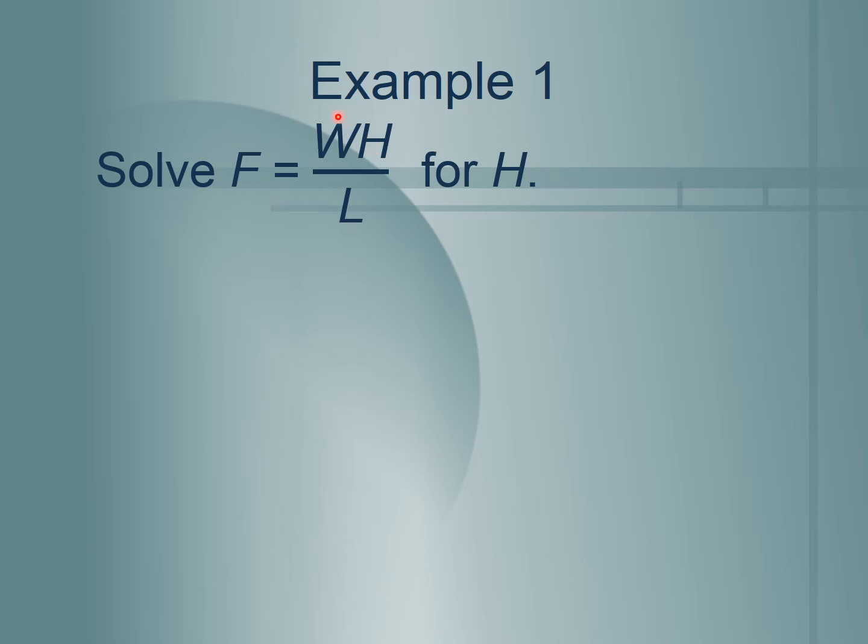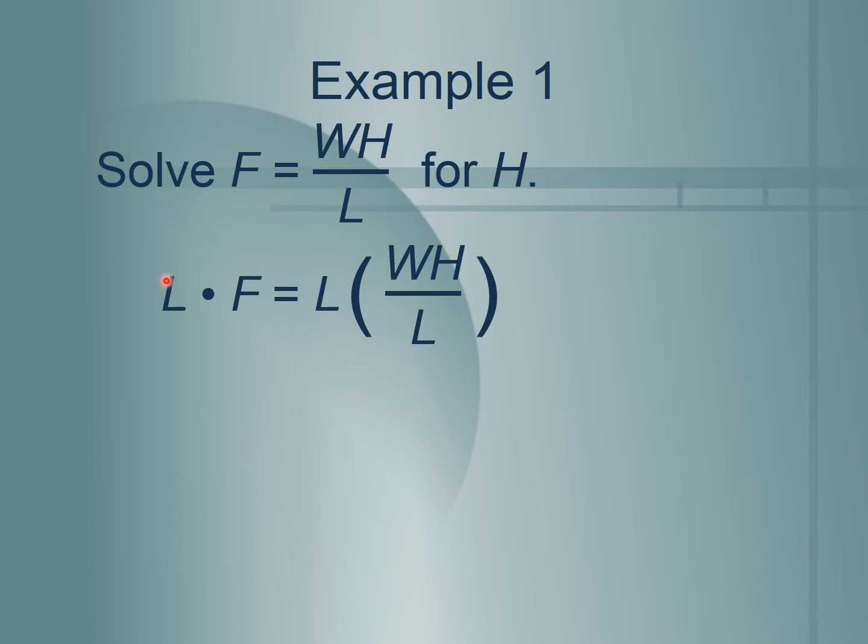It looks like we have a multiplication and a division operation. So the first thing we want to do is undo the division. So we're going to multiply both sides by L, because when we multiply both sides by L, the L will cancel on the right-hand side, which is where the H is, which is what we want because we want H to eventually be by itself.